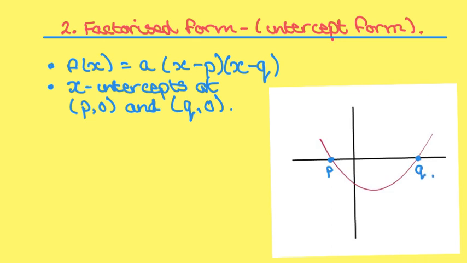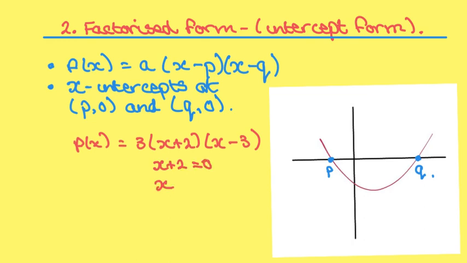Well, if you've got the equation f of x equals 3 times x plus 2 times x minus 3, you find p and q by putting x plus 2 equal to 0, so x equals minus 2, or x minus 3 is 0, so x equals 3.